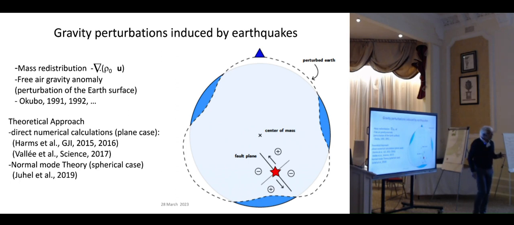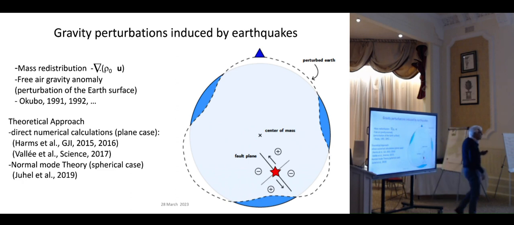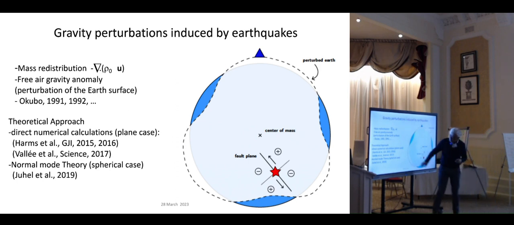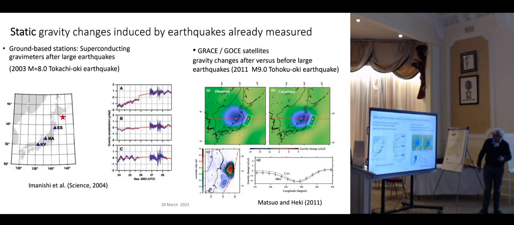Okay, so we started the theoretical approach, and at that time we started to work with people at Caltech, with Yann Arms and Jean-Paul Ampuero. And I will show you some developments, because there was a lot of debate. It was not so evident to find the right solution. And we also developed and expanded the normal mode theory to this kind of problem.